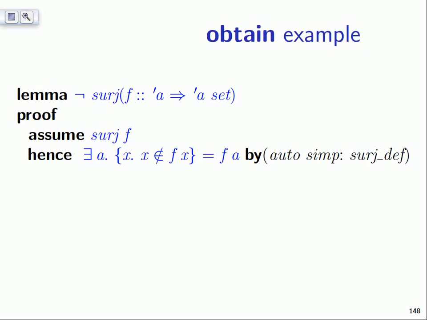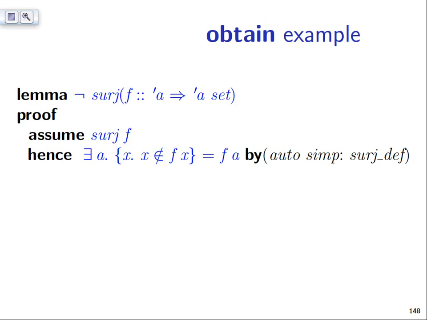Here's an obtain example. Earlier on we had this maybe not so clear step in the proof of Cantor's theorem, where we got this far: there exists a little a such that this diagonal set is f of a. I claimed earlier that from here it's logically easy to get to a contradiction.